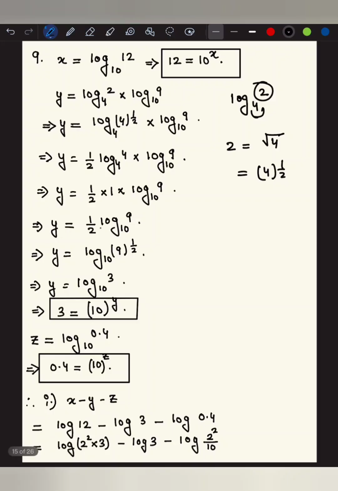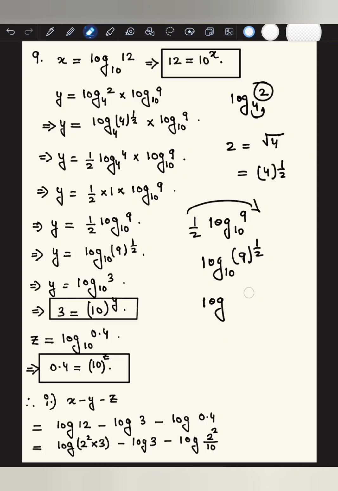Therefore y equals half log 9 base 10. So this half will go to this side, and it will be log 9 to the power half base 10. Got it? So 9 to the power half, log 9 means what? 3 square whole to the power half base 10.